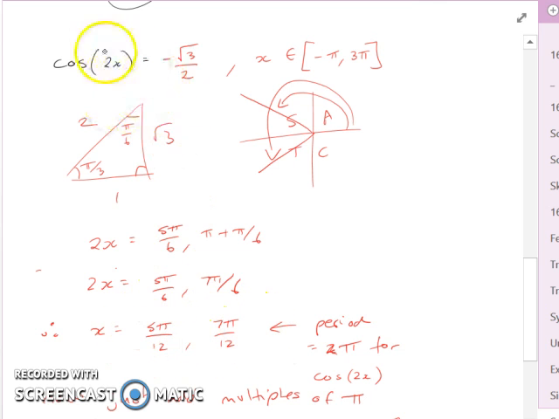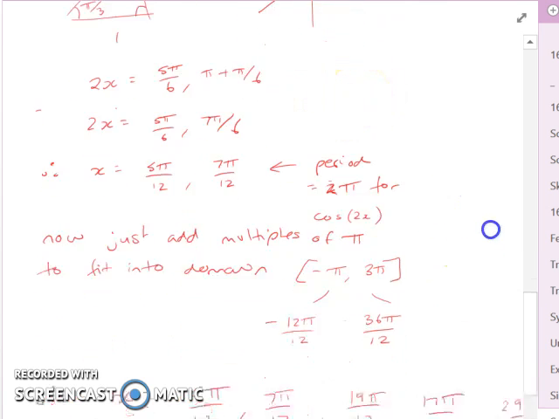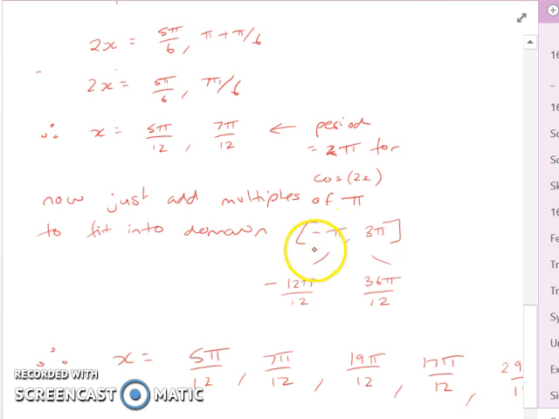And then I know for cos 2x, the period's pi. So just add multiples of pi to these guys, or subtract multiples of pi if you're going the other direction as well, to fit within this domain. Okay? What might make it easier is to look at common denominators.